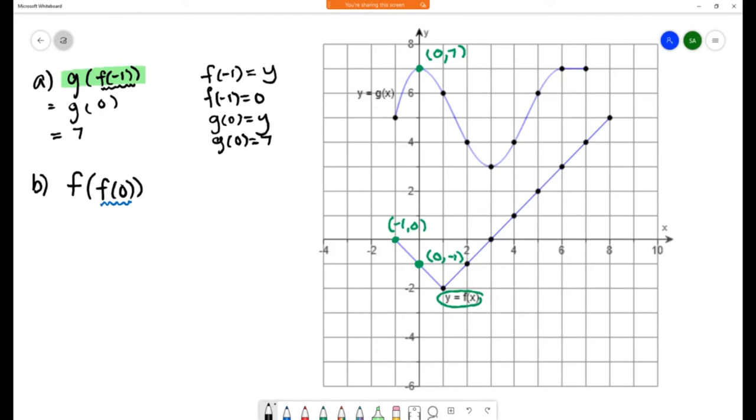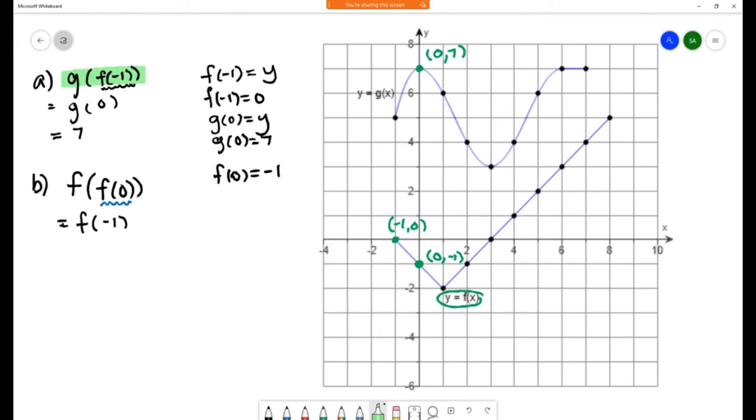So I know that f of 0 is the y-coordinate of -1. Now replace that f of 0 with -1.